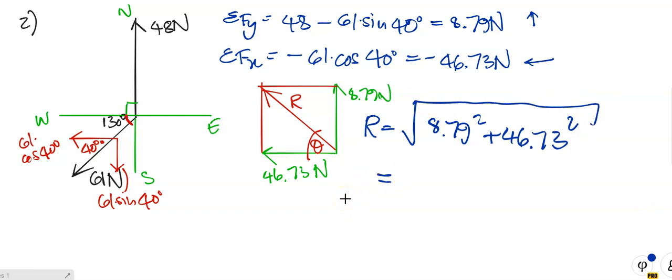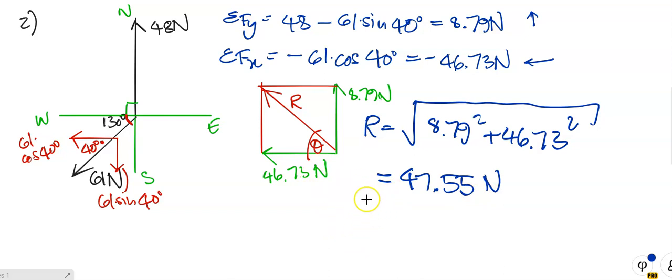Do the calculation, stop the video, do the calculation, check mine, and continue only if you get the same as my answer. And I got 47.55 newtons. If you leave that out, I take a mark off.